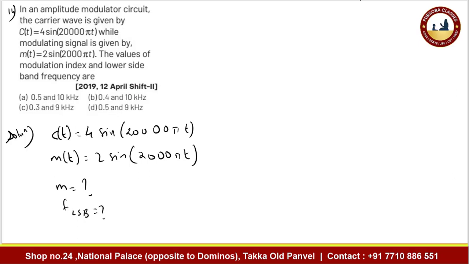Now from the carrier signal, the amplitude and frequency of the carrier wave. We compare, so amplitude is 4.